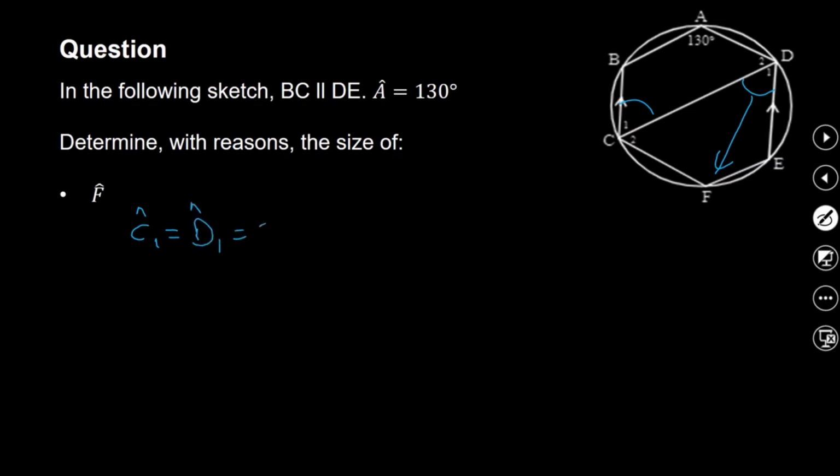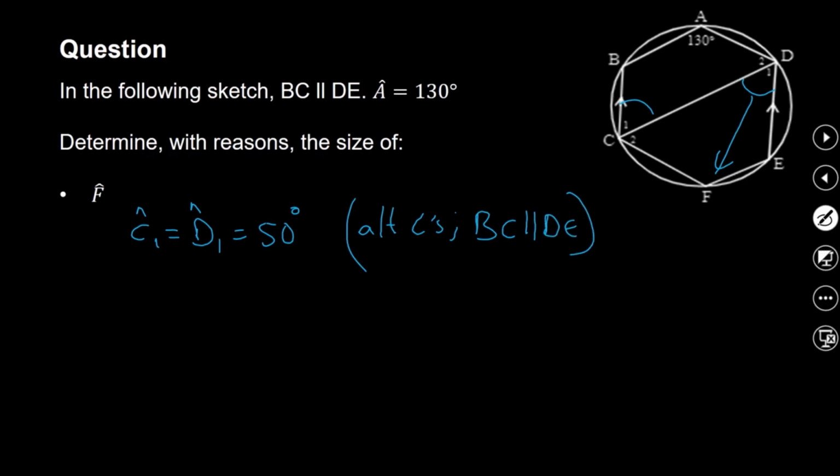and this is equal to 50 degrees. And the reason for this will be alternate angles. Remember, for you to say alternate angles, you must also state which lines are parallel. That's because BC is parallel to DE, right? I know that.